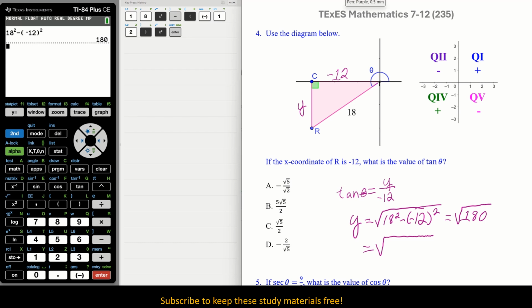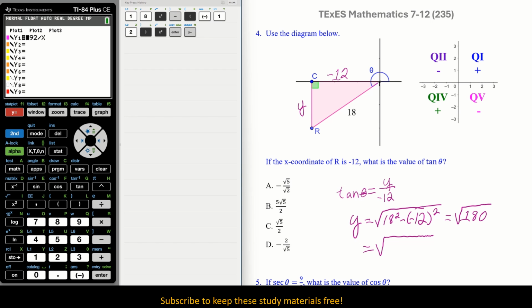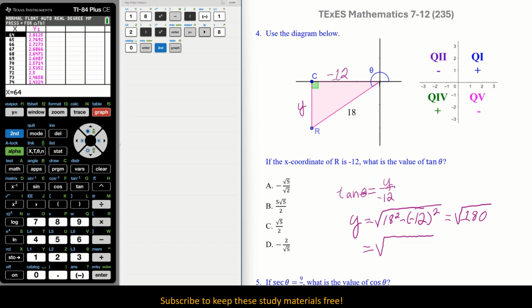So let's see what our factors are. We need to go to y equals, and see I had it set up from the last video. Well, let's just put in the 180. Now, I'll push enter for good measure. Now, second graph. So we need whole numbers.